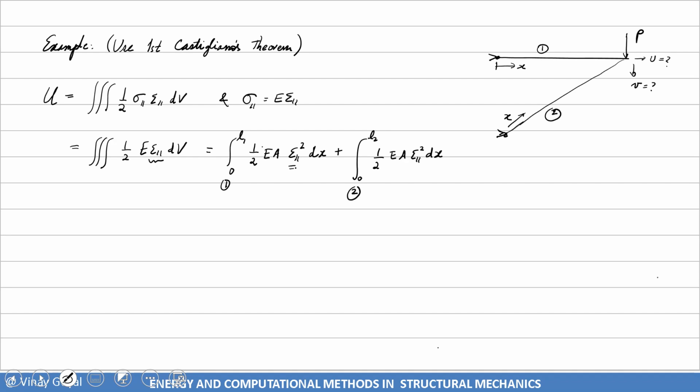So all I have to do is calculate epsilon 1,1 for each of these bars, which we can do by geometry. So epsilon 1,1 equals final length minus initial length divided by initial length. That's one way to do it. You can use the full definition of the Green-Lagrange strain tensor if you wanted to, but I don't think it's necessary in this example. This is coordinates at 0, 0, right? So you know where this point is, and you can assume some amount of deflection to the right and to the bottom and come up with how much this strain is for each of the bars.